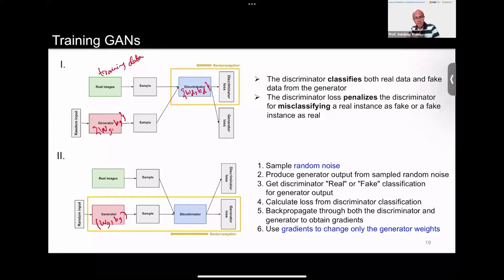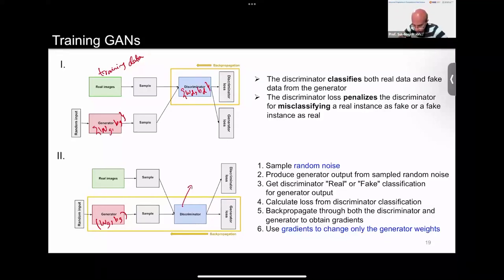When we start training the generator, what we do is backpropagate the discriminator loss to the generator. As we can see here, in the first step, only the discriminator loss is backpropagated to the discriminator because we only want to learn the discriminator weights and biases.